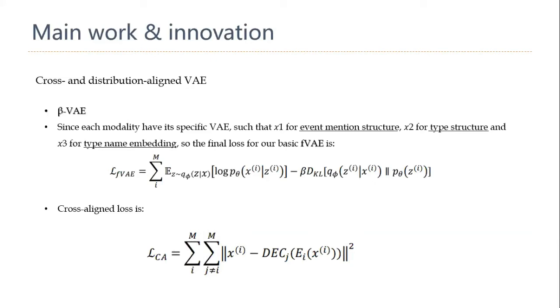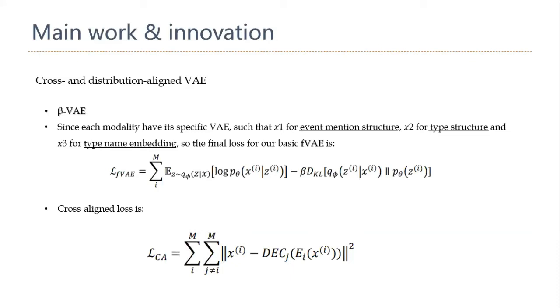Therefore, it is necessary for the model to have the capability of cross-modal generation. Namely, one modality-specific encoder or decoder is expected to encode or decode the other modalities with high quality.